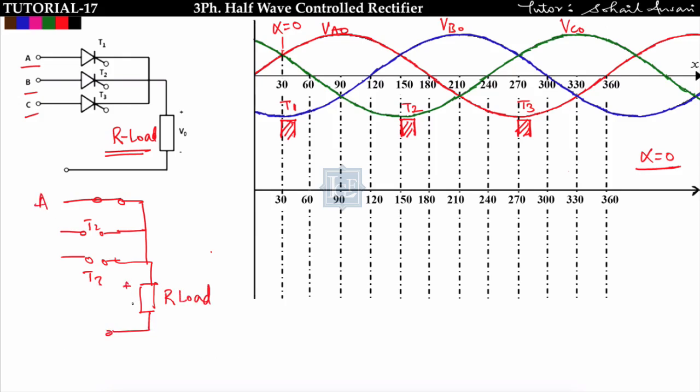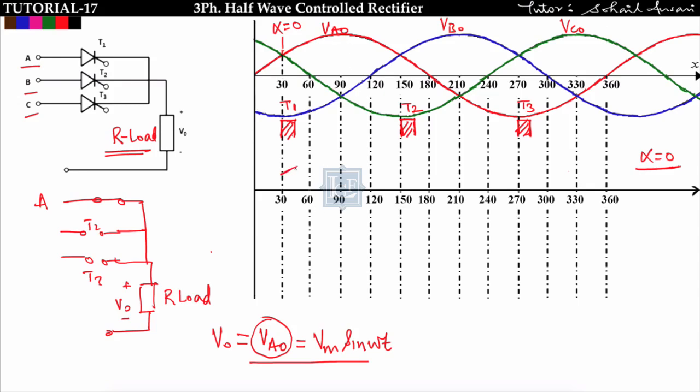So what will be the output voltage here in this case? The output voltage V0 will be VA0, that is equal to Vm sin omega t. Okay, so output voltage will follow the supply voltage VA0 when T1 is triggered. So T1 is triggered at omega t is equal to 30, that is alpha is equal to 0. So it will follow the waveform of output voltage VA0 and VA0 is shown as red marker.